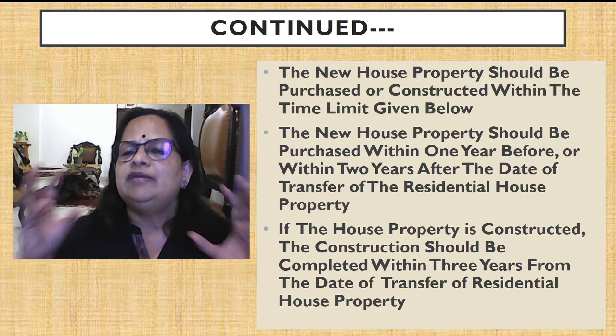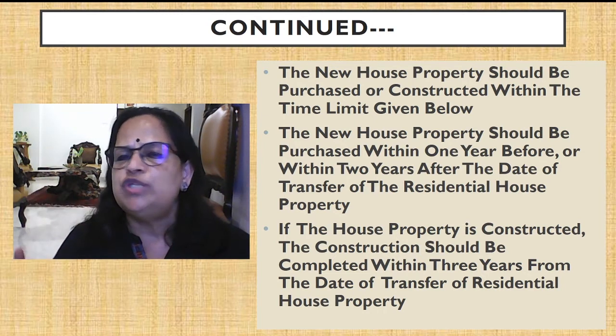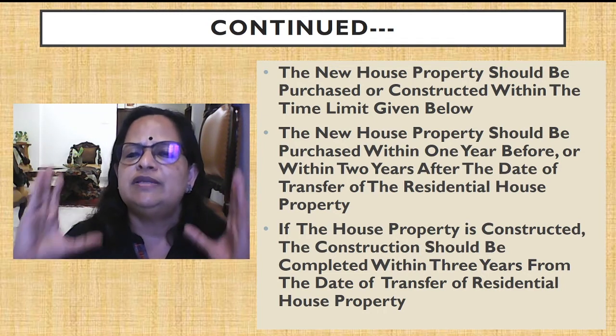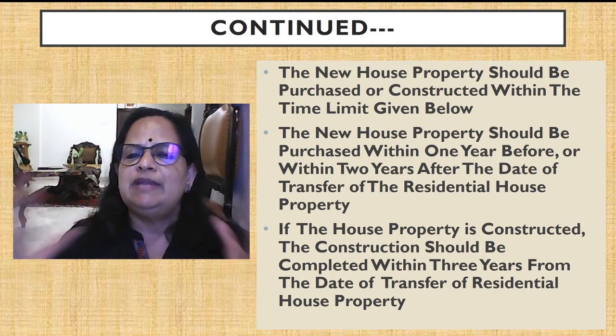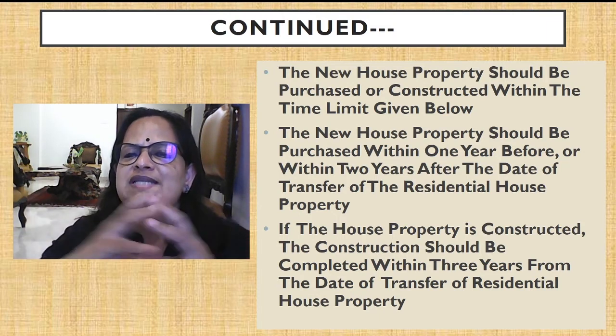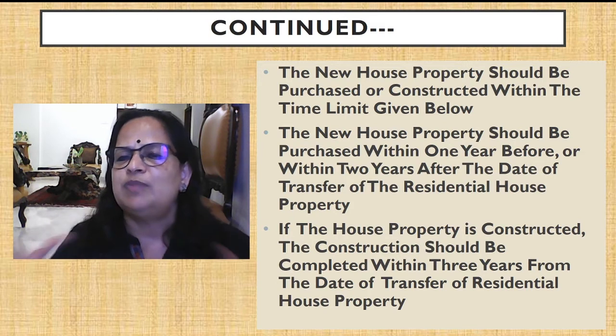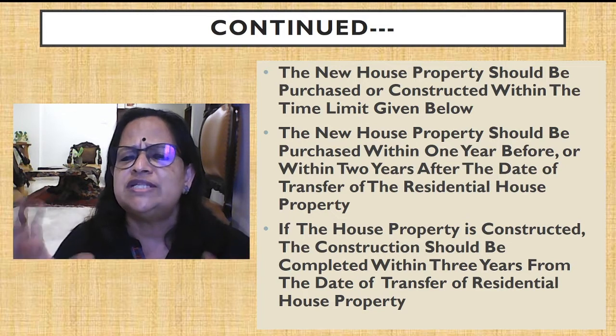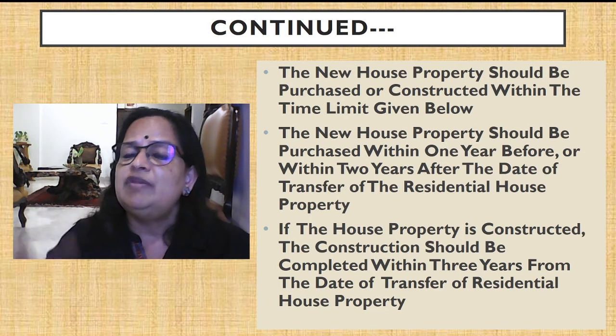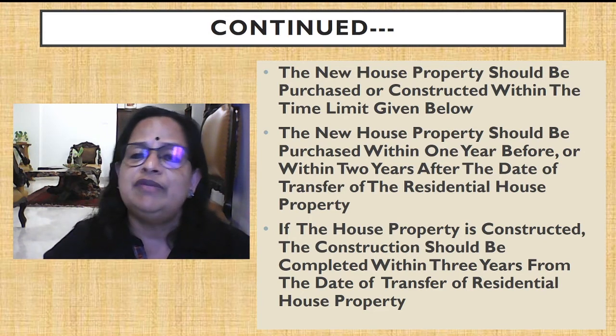Imagine that buying a house property is a huge investment. For daily provisions, we can go to a supermarket and select the item from the shelf, whatever is displayed there. It is not possible for a house property. I told you so many constraints and factors we have to consider, then only we can do that. So sometimes, after selling, we may take 2 years to decide which property we are going to buy.